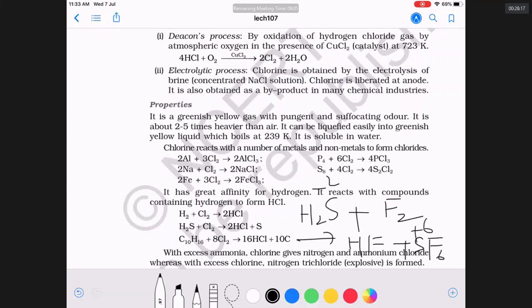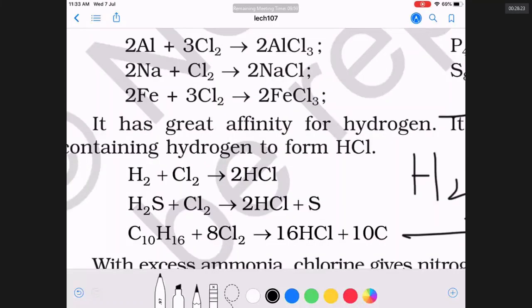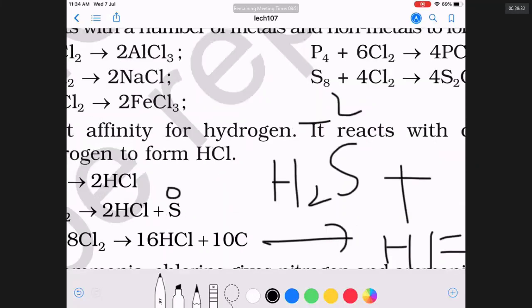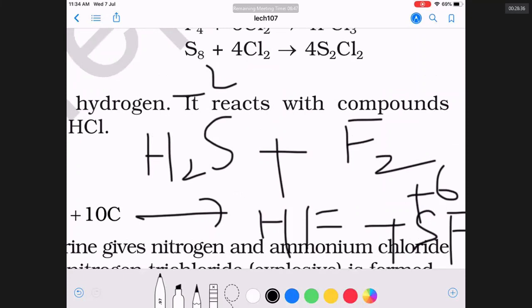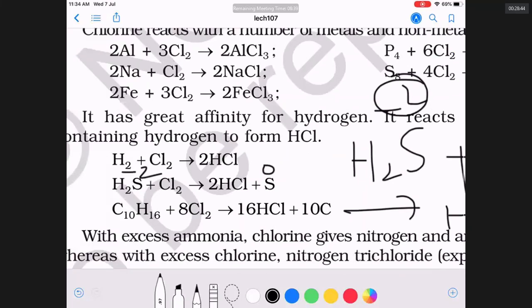It means fluorine is a very powerful oxidizing agent. When it is reacting with chlorine, sulfur from -2 became only 0. It means chlorine is just taking 2 electrons, whereas fluorine is taking how many electrons, sir? 8. -2 became +6. It means that fluorine is a very powerful oxidizing agent when compared with chlorine.